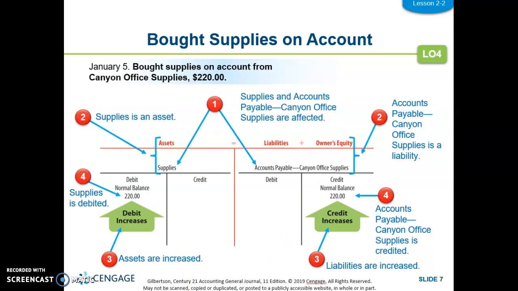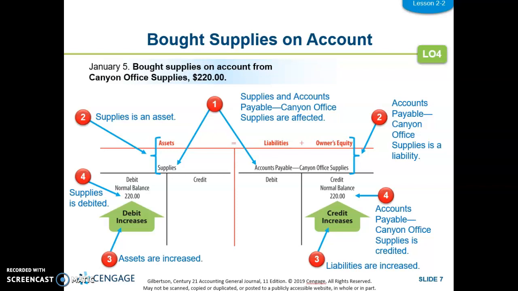On January 5th, we bought supplies on account from Canyon Office Supplies, $220. The two accounts that are affected by this are supplies and accounts payable - Canyon Office Supplies. Supplies is an asset and accounts payable Canyon Office Supplies is a liability.